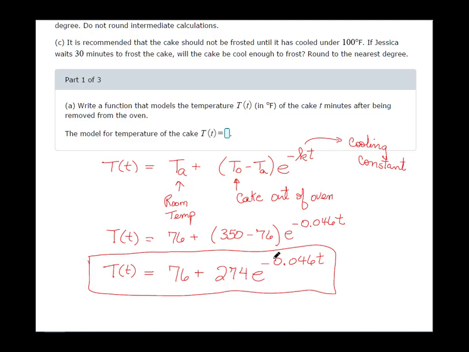If you take the item out of the oven, put it on the counter, it's going to cool off. And if I let it sit there for many, many hours, it's going to come to room temperature.